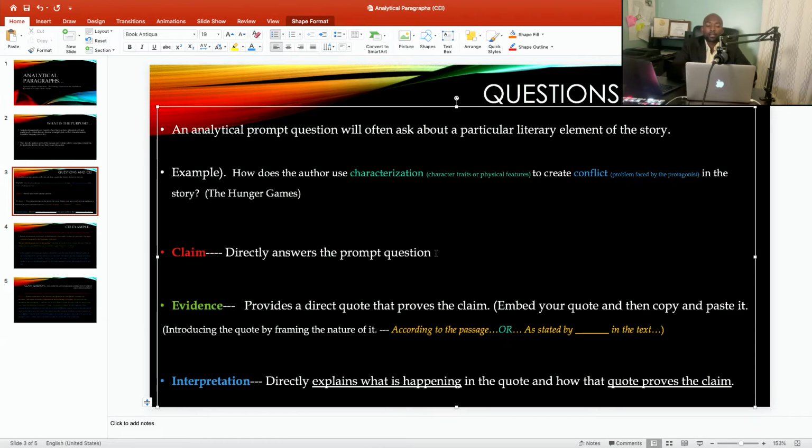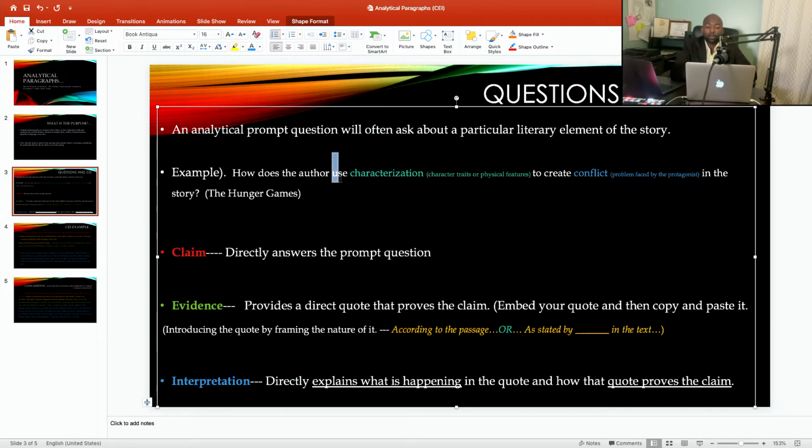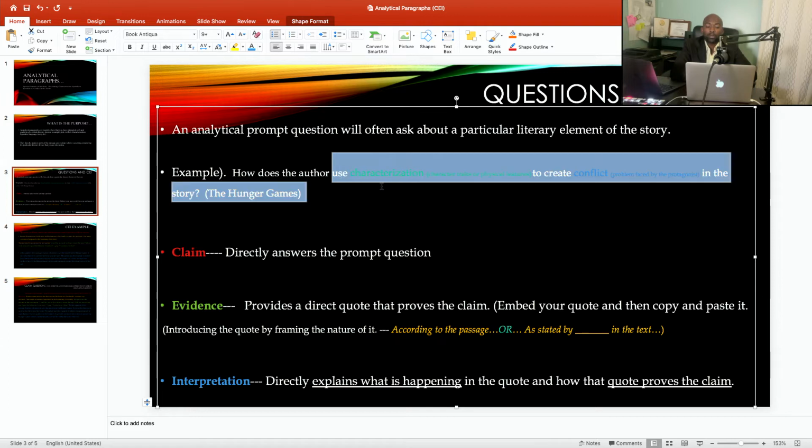And that is definitely the case with the claim. The claim is one sentence, but you have to think about your response to it and think about the story or literary piece before you can come up with the one sentence that answers the question. But that's what the claim is. It is one sentence that directly answers the main prompt question or assignment question. Okay?